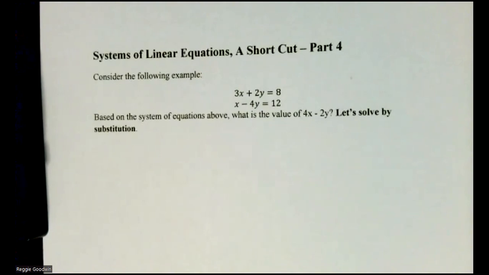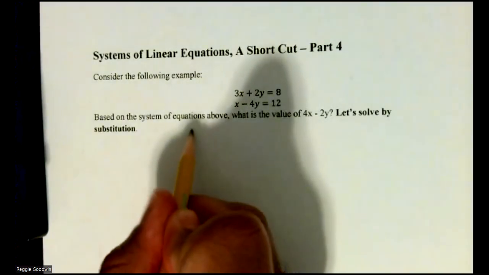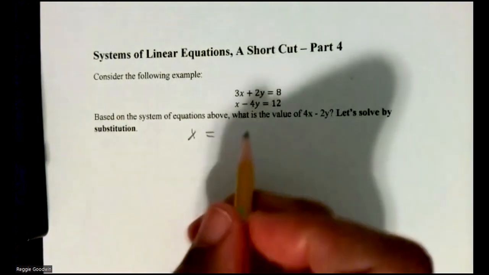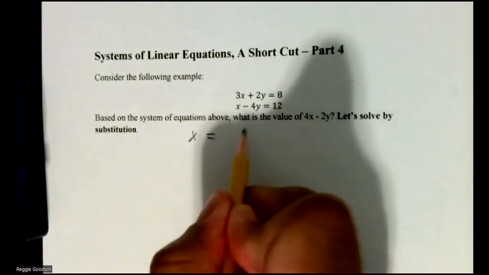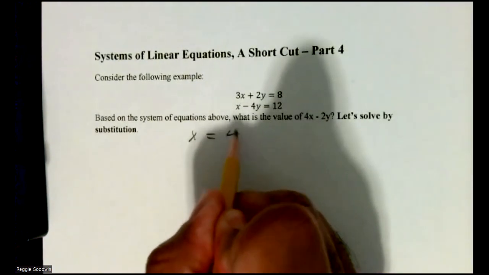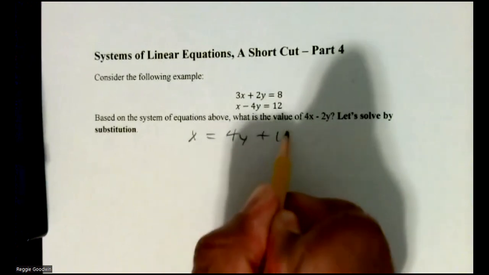So let's solve for x in the first step. Pick on the second equation. That's pretty easy. So x is equal to 4y plus 12.